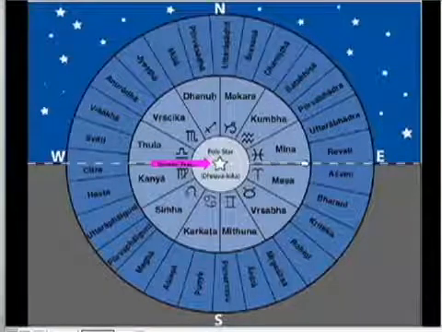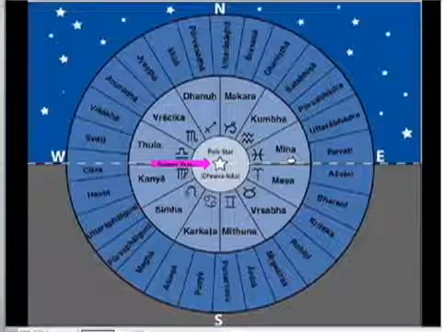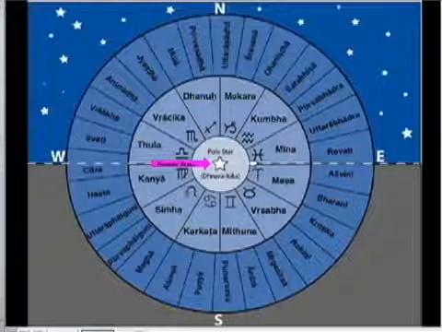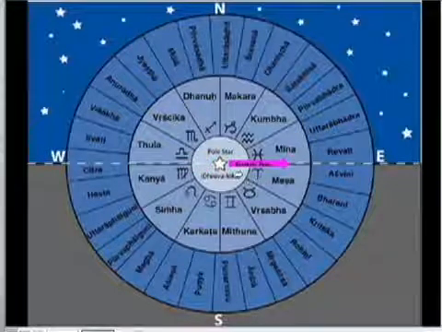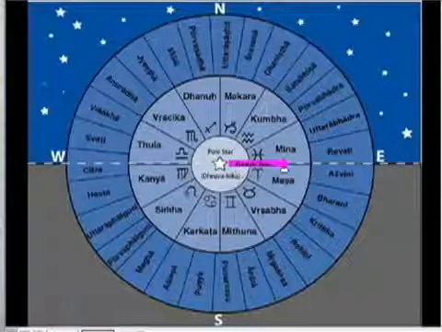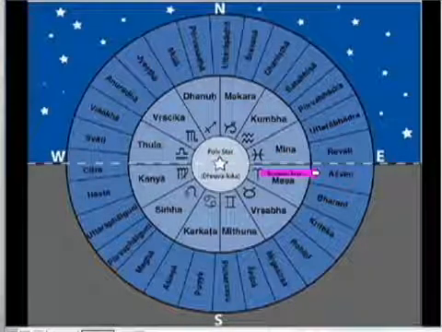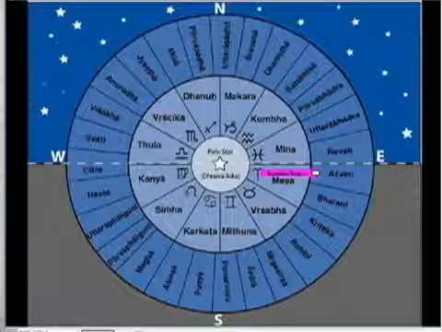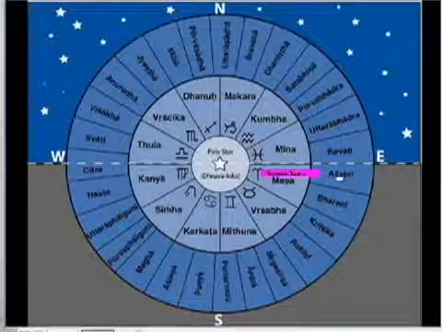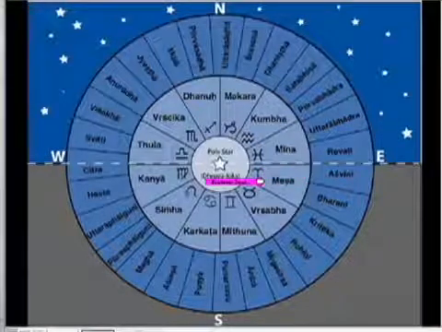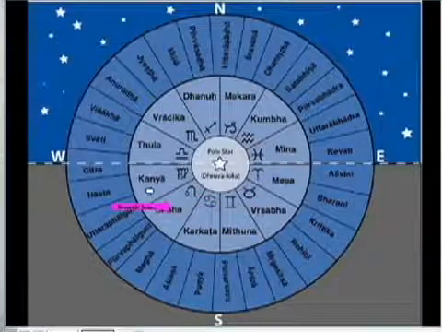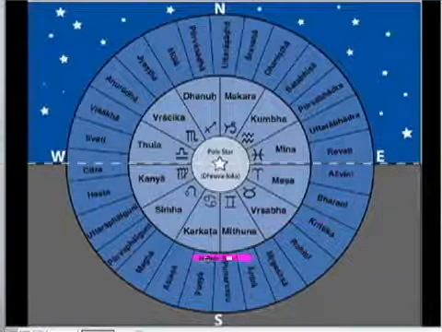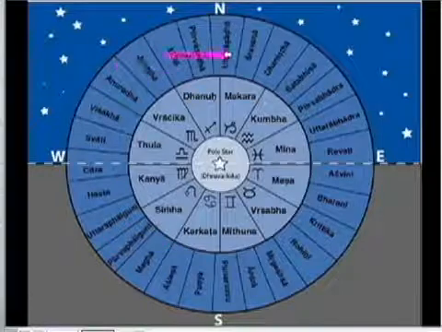So we need to understand how physically the different signs are situated in the sky. If the first degree of Mesha is rising, then also the first degree of the Ashvini Nakshatra is rising. You see, the 12 Raśis and the 27 Nakṣatras are both fixed stars.